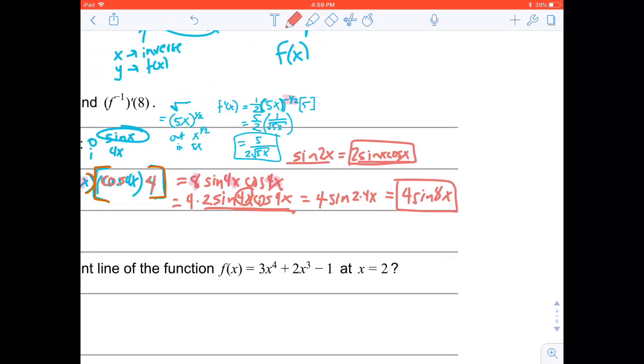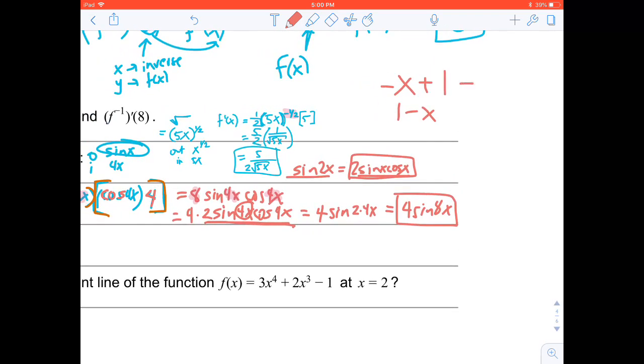Another good tip that I just remembered: if you have, let's say, negative x plus 1, remember that you can rearrange this in different ways. This is the same thing as 1 minus x, right? Or you could even factor out a negative value, and it's the same thing as negative x minus 1.